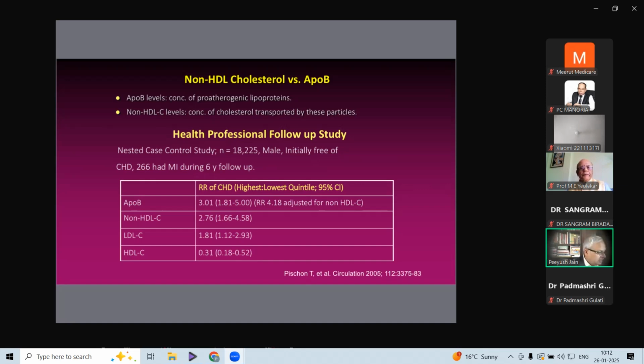But look at the figure of 3.1 versus 2.76. Non-HDL-C was not far behind, and both were superior to LDL-C as far as risk prediction was concerned. So from this study, one could say that ApoB and non-HDL-C perform more or less the same as far as prediction of myocardial infarction risk in males is concerned.